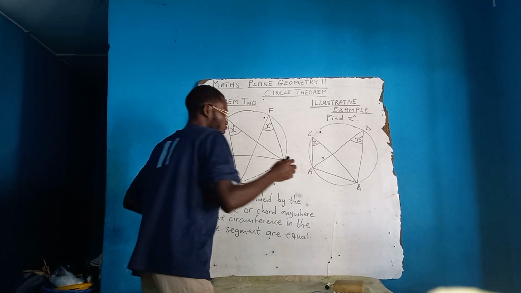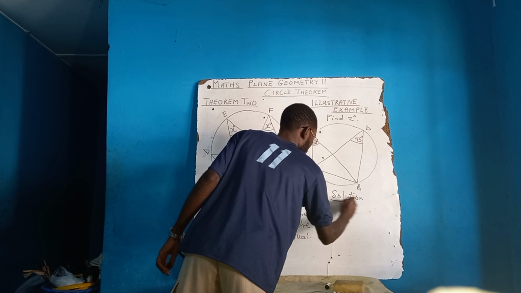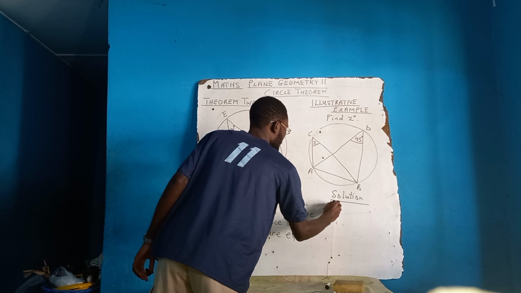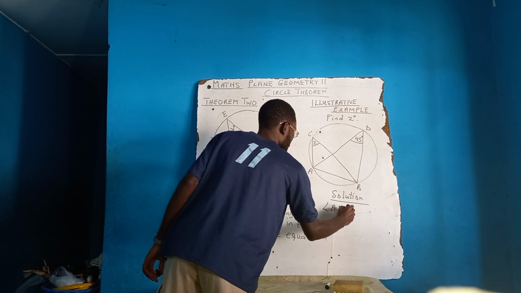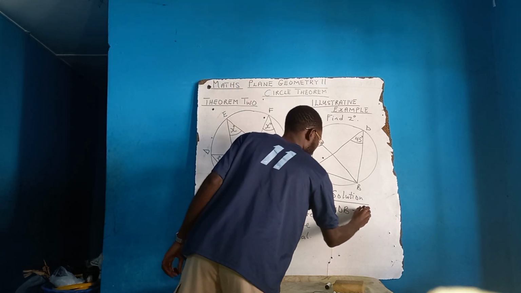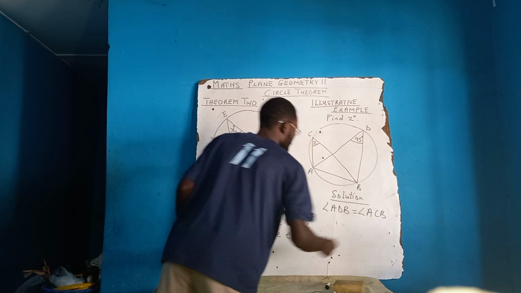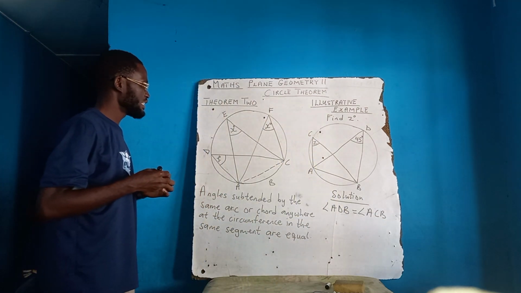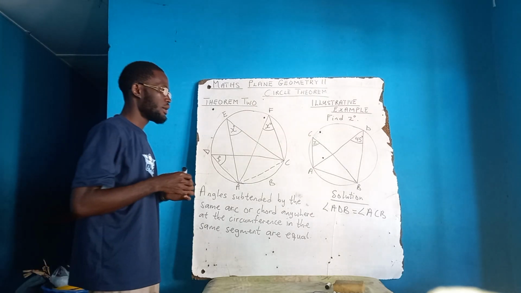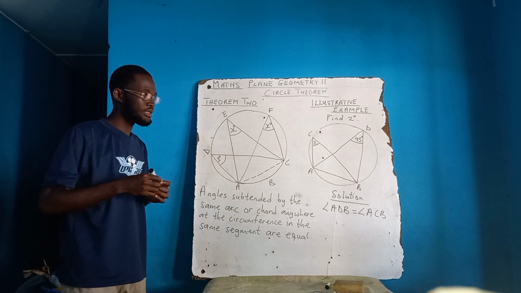So our solution is going to be that angle ADB is equal to angle ACB, since they stand on the same chord.